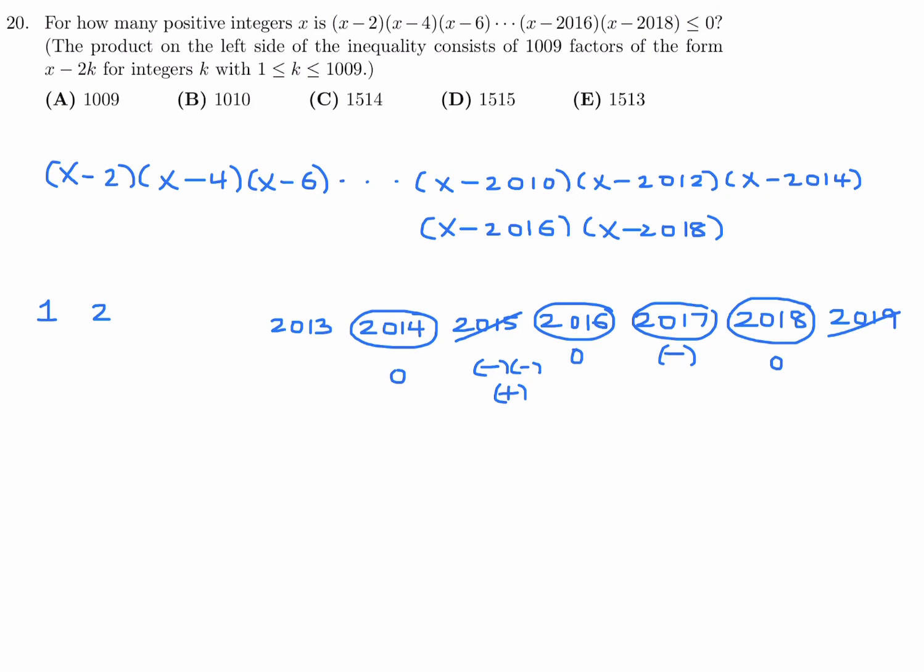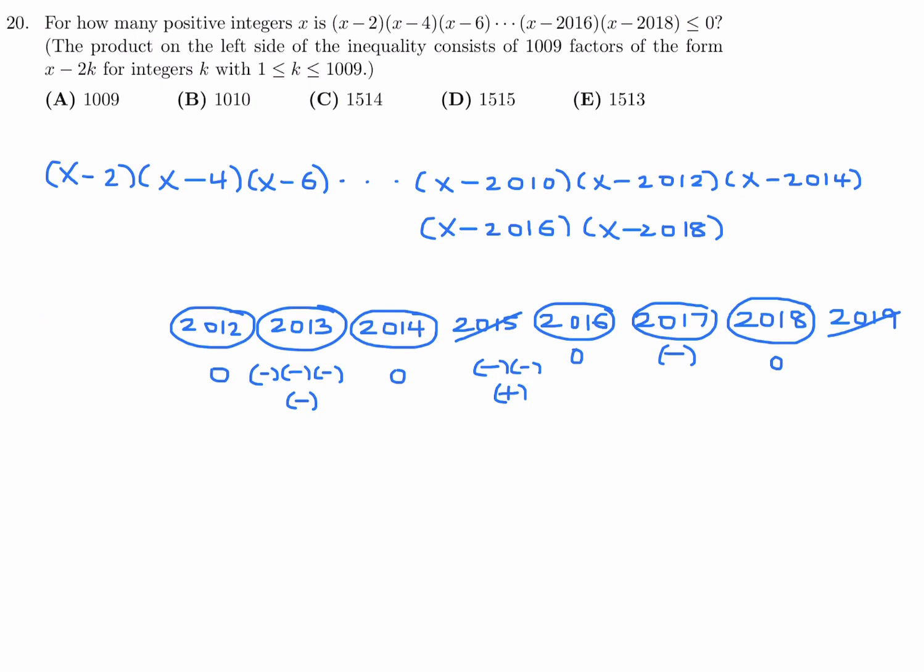When x is 2013, everything on this side will be positive, but we will get three negatives. This will be negative, this will be negative, and this will be negative. So three negatives, negative times negative times negative, is negative. So it will also be less than 0. That's good. 2012, that becomes 0, so the whole expression becomes 0.